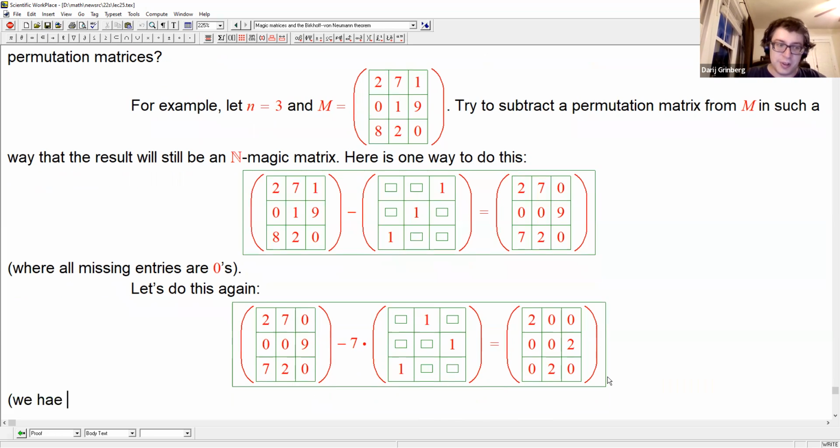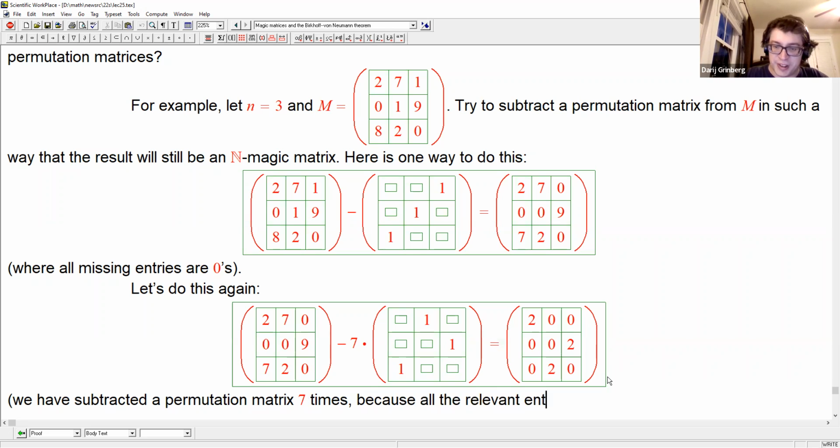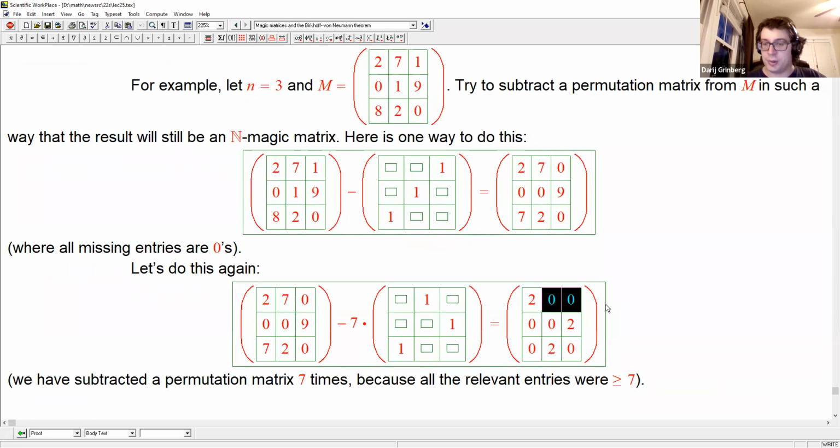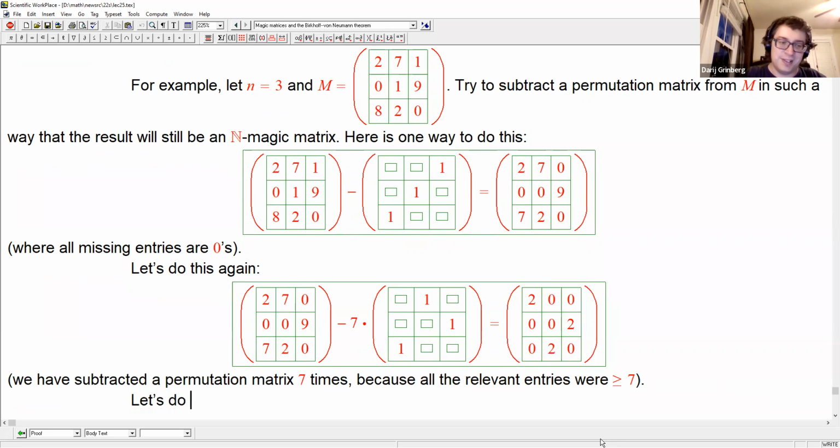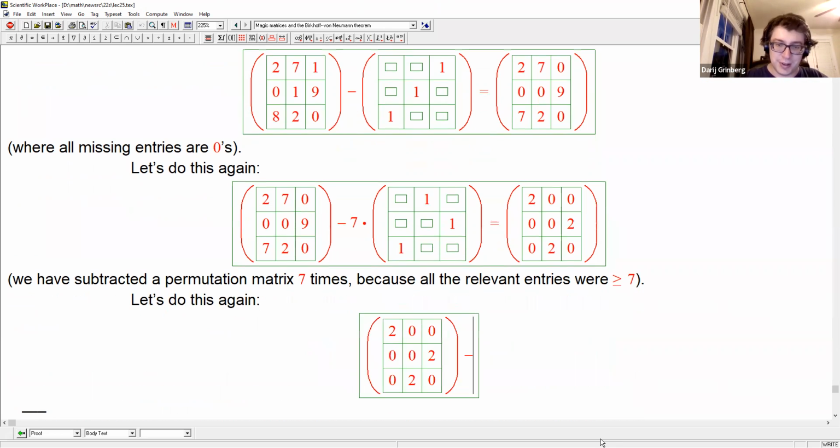So we have subtracted a permutation matrix 7 times, because all the relevant entries are greater or equal to 7. Okay, and now we're even closer. Basically, this is a permutation matrix times 2, but let's forget about it. Let's just do this again.